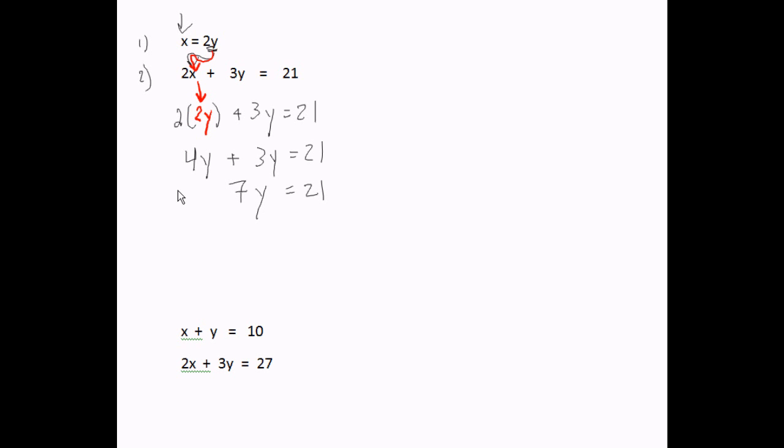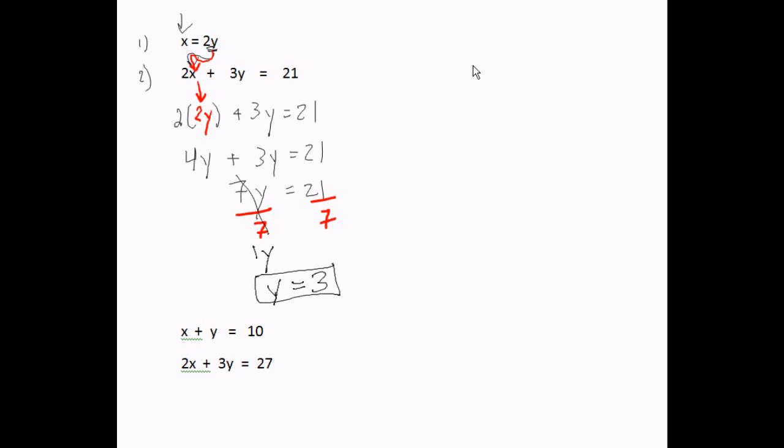It's multiplying. The only way to get rid of the 7 is do opposite math. Opposite of multiplying by 7 is dividing by 7. 7 divided by 7 is 1y. Another way of saying 1y is just y. 21 divided by 7 is 3.